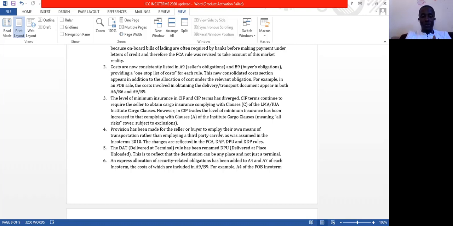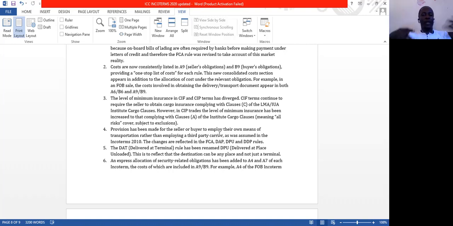Okay. And lastly, an express allocation of security related obligations has now been added to A4 and A7 of each Incoterm, the costs of which are included in A9 and B9.